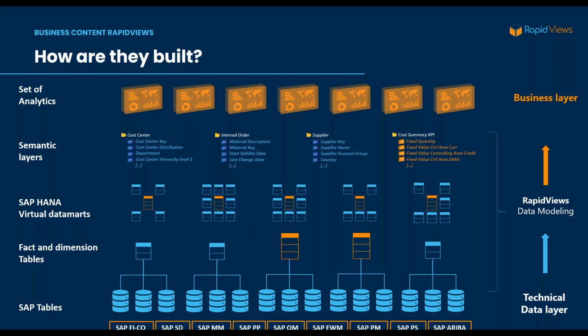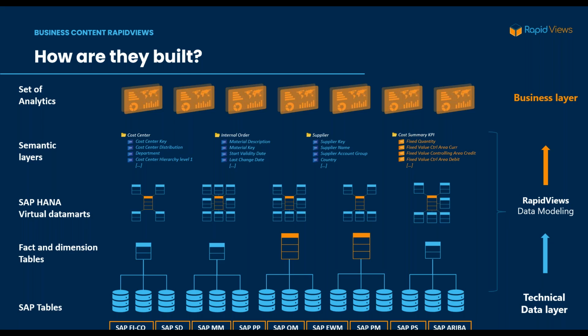The semantic layer is the translation of the technical terms of SAP from the SAP tables into business terms. For example, I can see a list of semantic layers: the cost center key, the cost center distribution, the material key, the material description, and so on. And for the KPIs, we rename all the calculated KPIs created in the Rapid Use content.